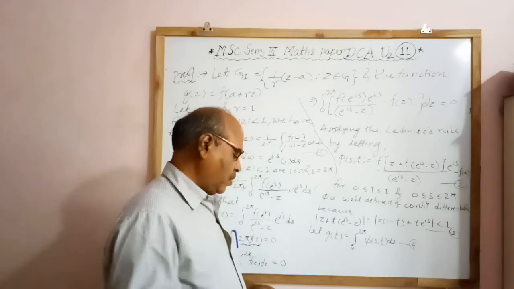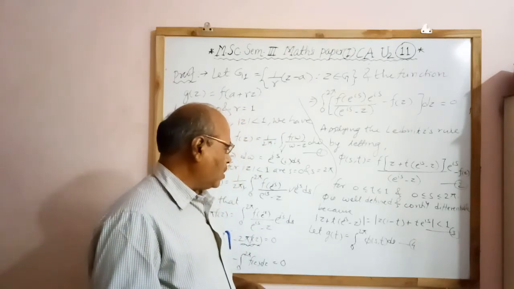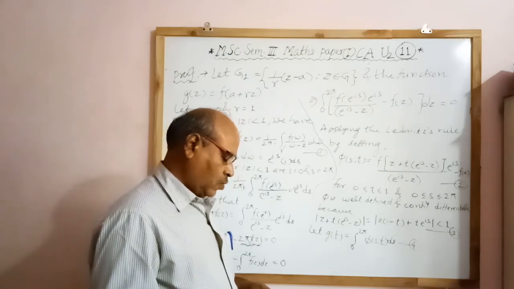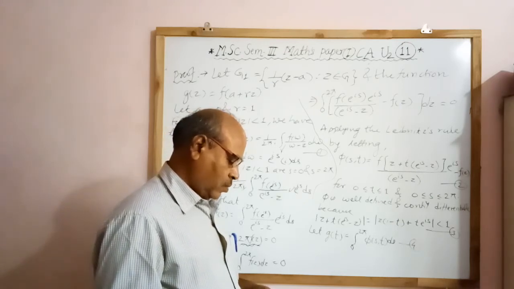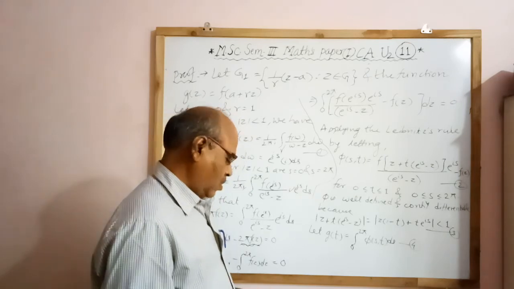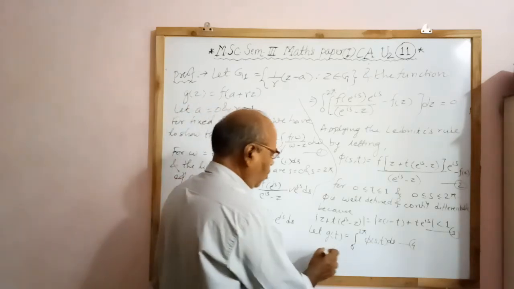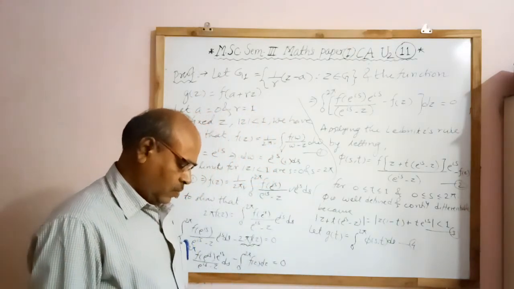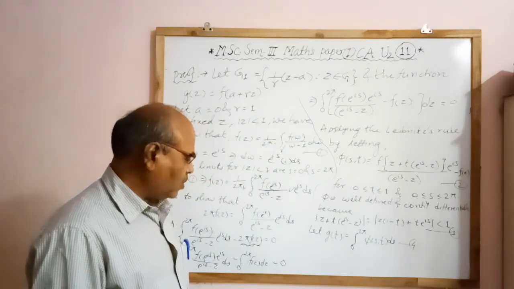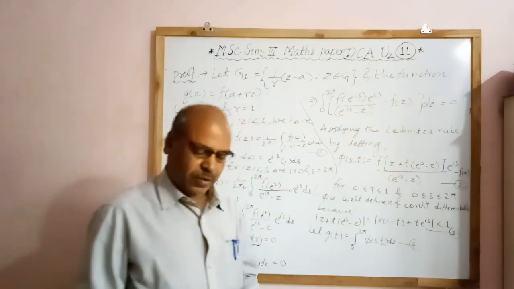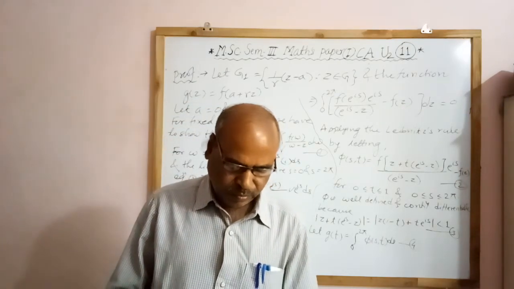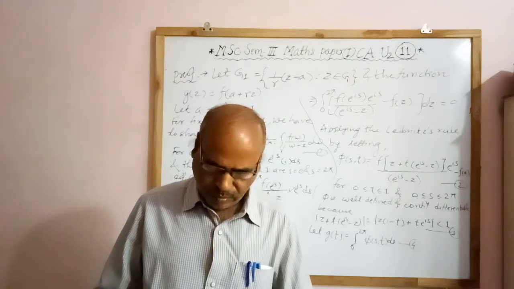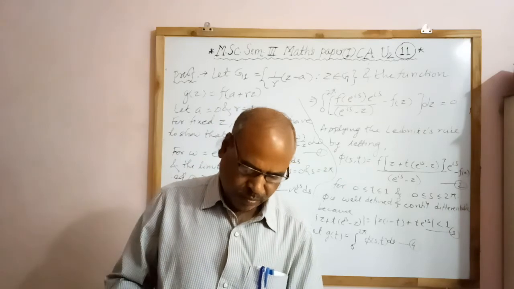The given proposition can be proved by showing that g of 1 equal to 0, that is, to show that g of 0 equal to 0 and g is continuous. Why? To show that g of 1 equal to 0, we show g of 0 equal to 0 and g is a constant function. Stop here.